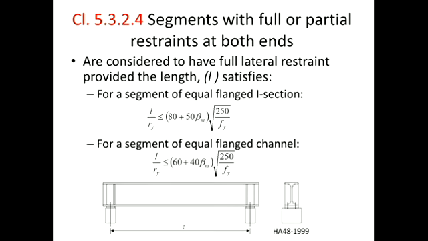So the standard also has this ratio of L over Ry. So if you look at the beam and your ratio of L over Ry is less than the right side of this inequality, depending on the type of section that you have, then the standard also has different equations for that ratio.